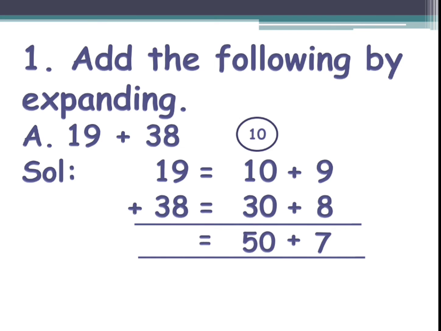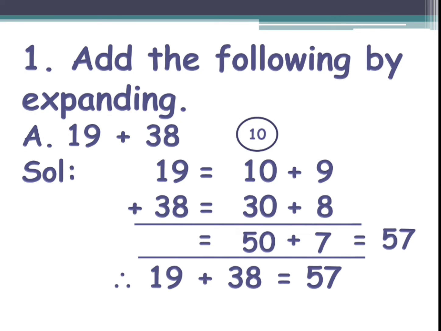Now what do you have? 50 plus 7 will be equal to 57. So when we add the numbers 19 and 38, you get the answer as 57. Therefore, 19 plus 38 is equal to 57. In this way you need to do the addition by expanding with regrouping.